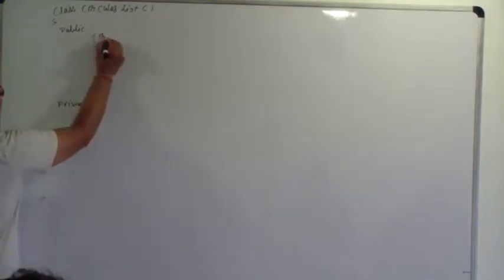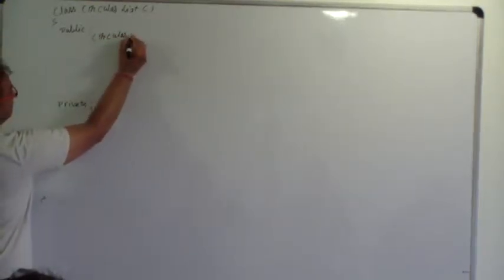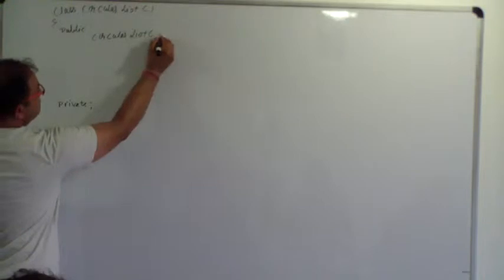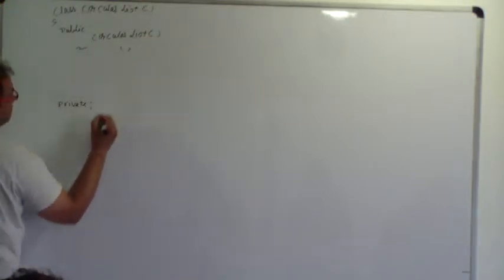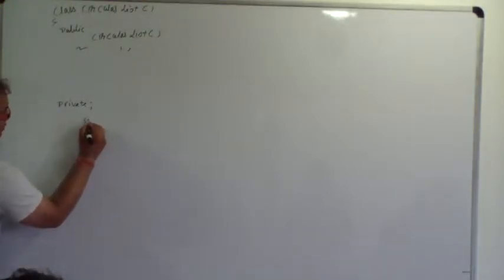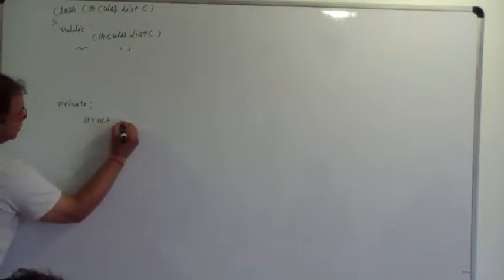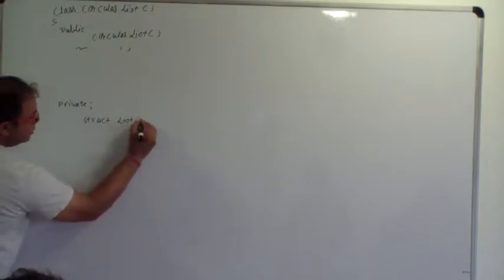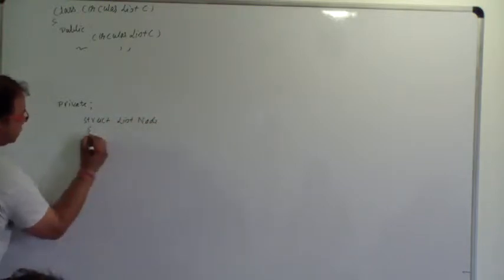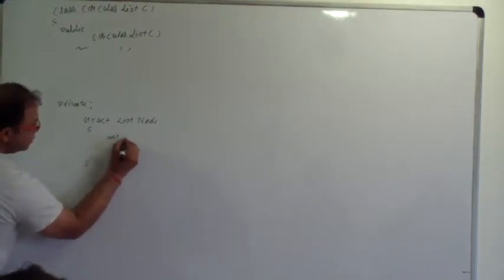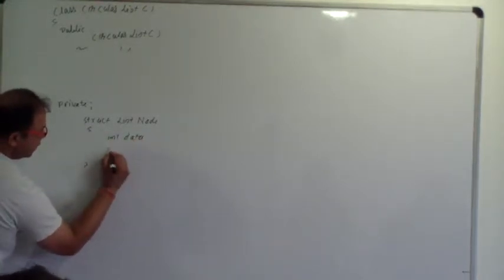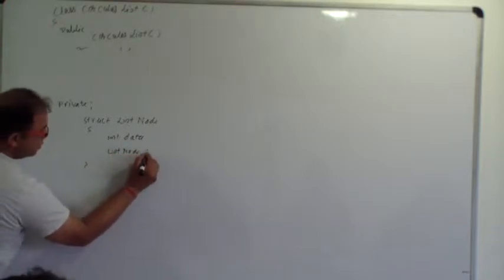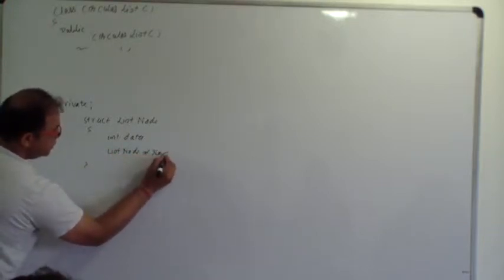Public has the CircularList constructor and destructor, and private has a structure, ListNode, which has integer data and ListNode star next.